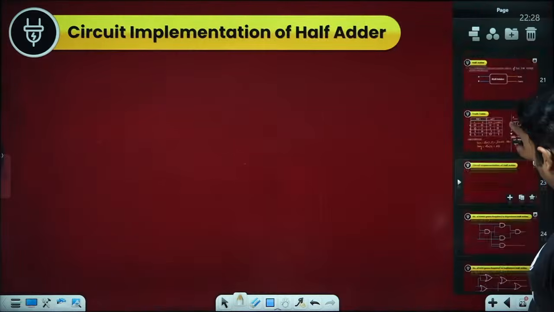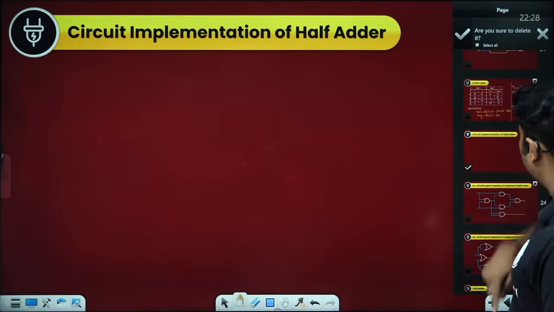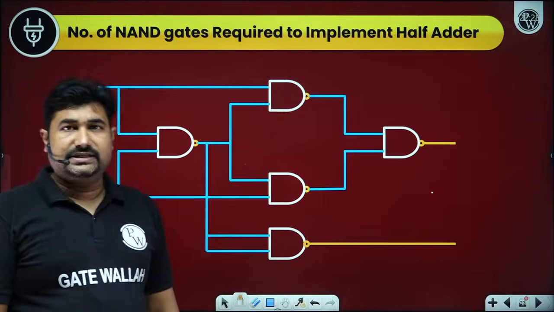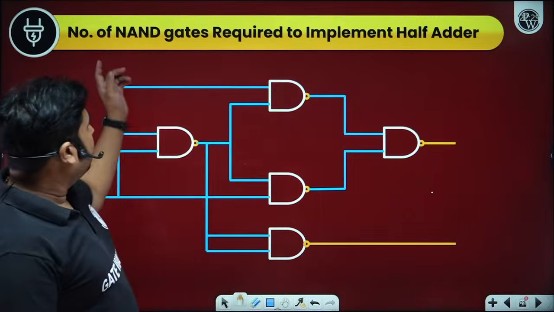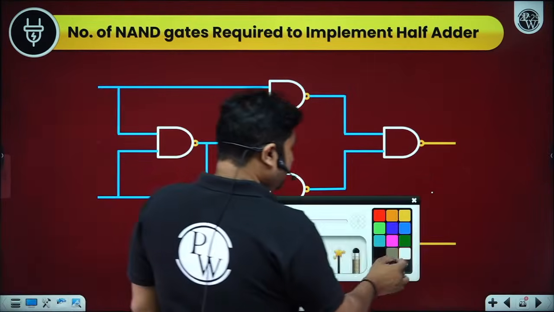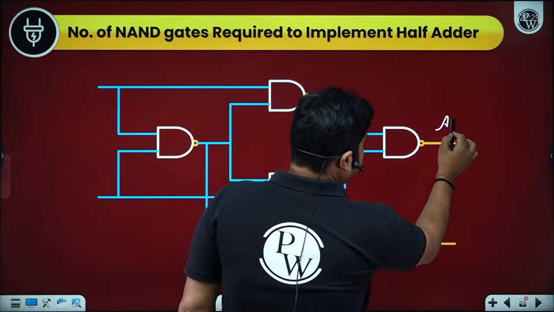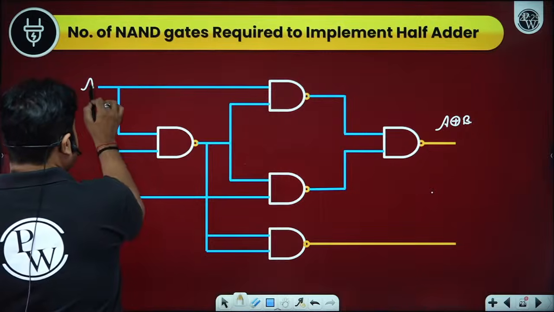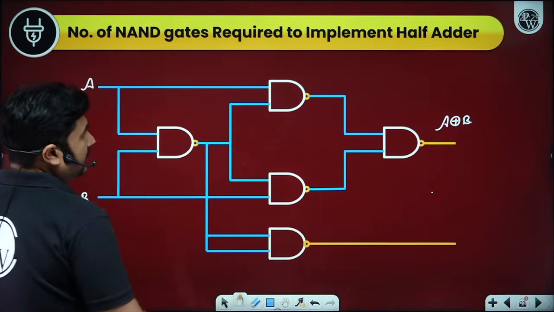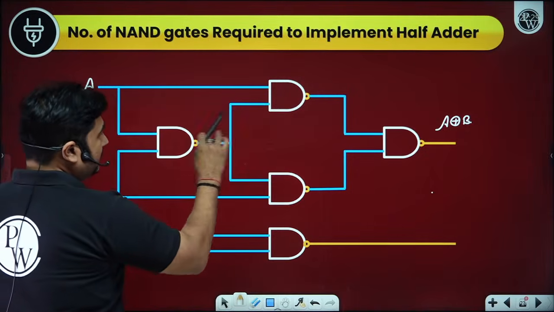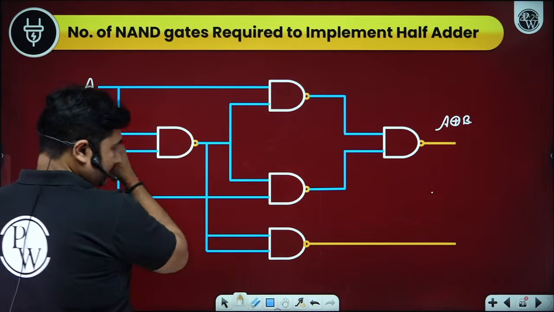How many of you able to understand up to this part, beta ji? I have also shown you the number of NAND gates required to implement a half adder. So a half adder requires A XOR B. A XOR B can be represented here as A, B. Is it okay? Yes, sir.